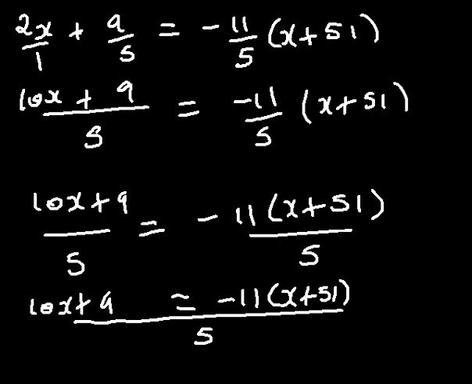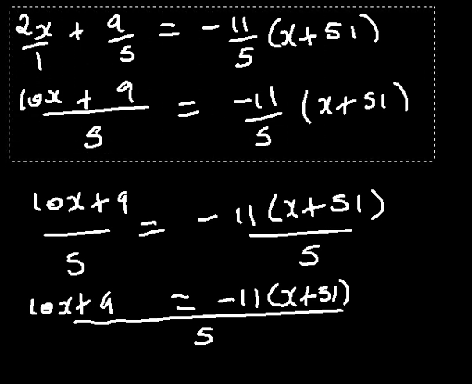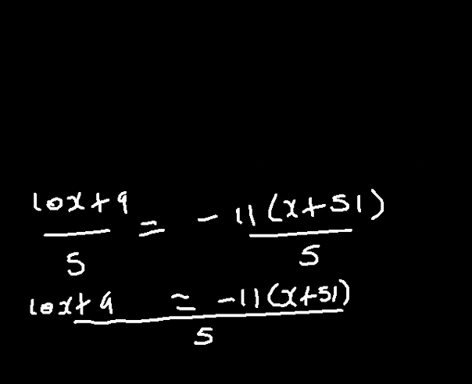Then from there we just have to ignore the denominator. We'll have 10x plus 9, which is equal to negative 11 times x plus 51.